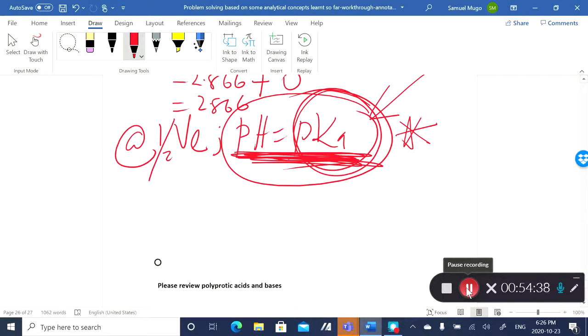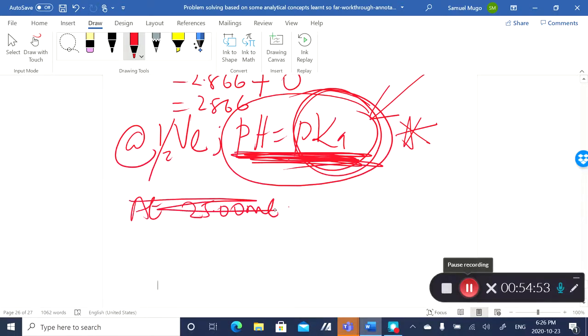So the next point in the titration here is at 25.00 ml. Okay, so sorry, I think we've already, yes, that's what you're doing at 25.00 ml. And you can see this is the equivalence volume.